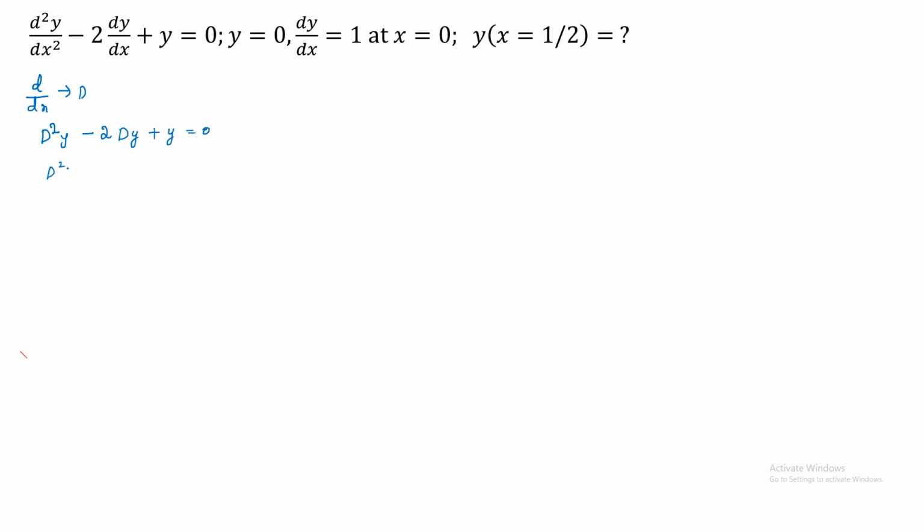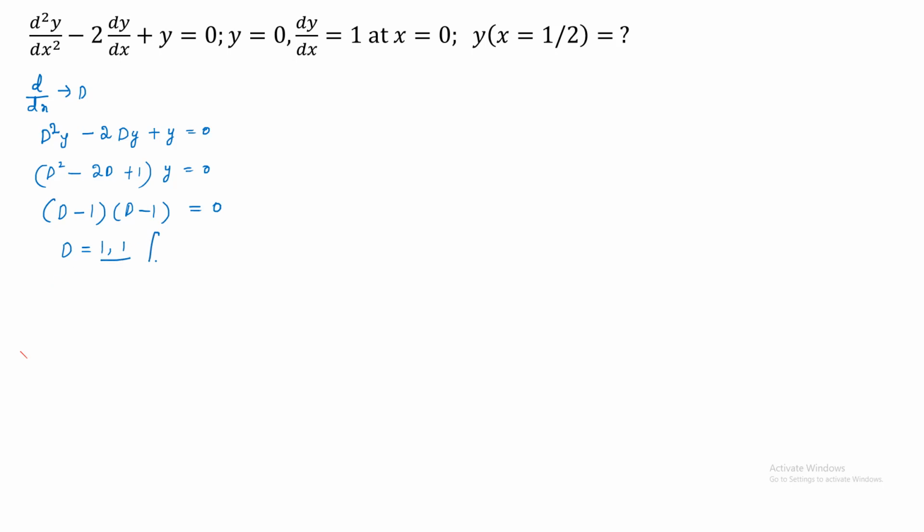If we take y as common, we get D square minus 2D plus 1 into y is equal to 0. Then y will get cancelled and we just have to find the roots. We will get D minus 1 into D minus 1 is equal to 0, right? So D will become 1 comma 1.